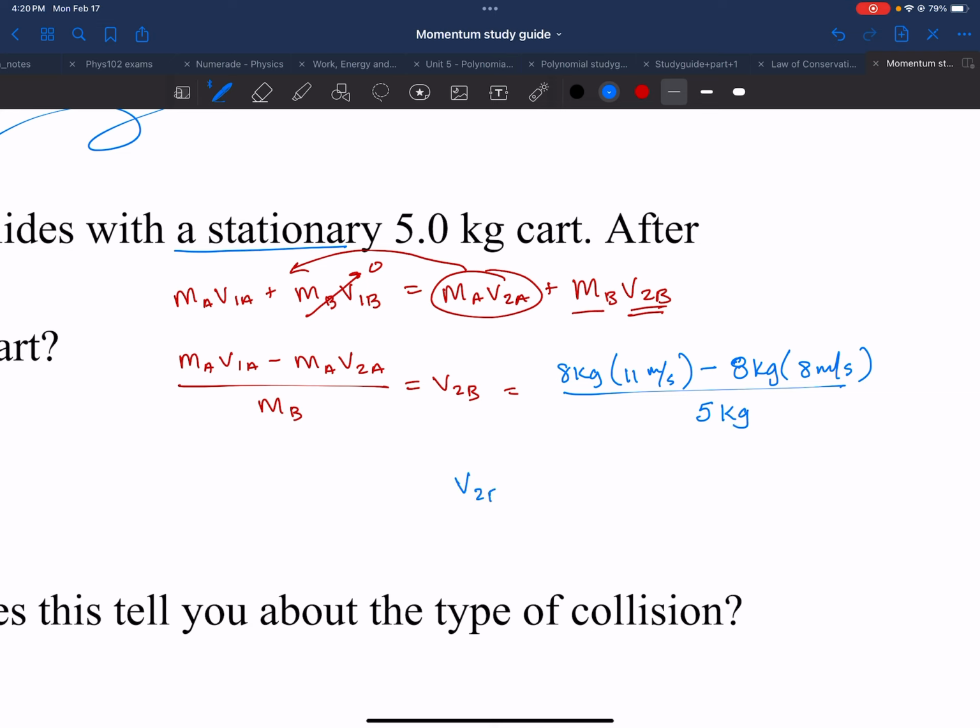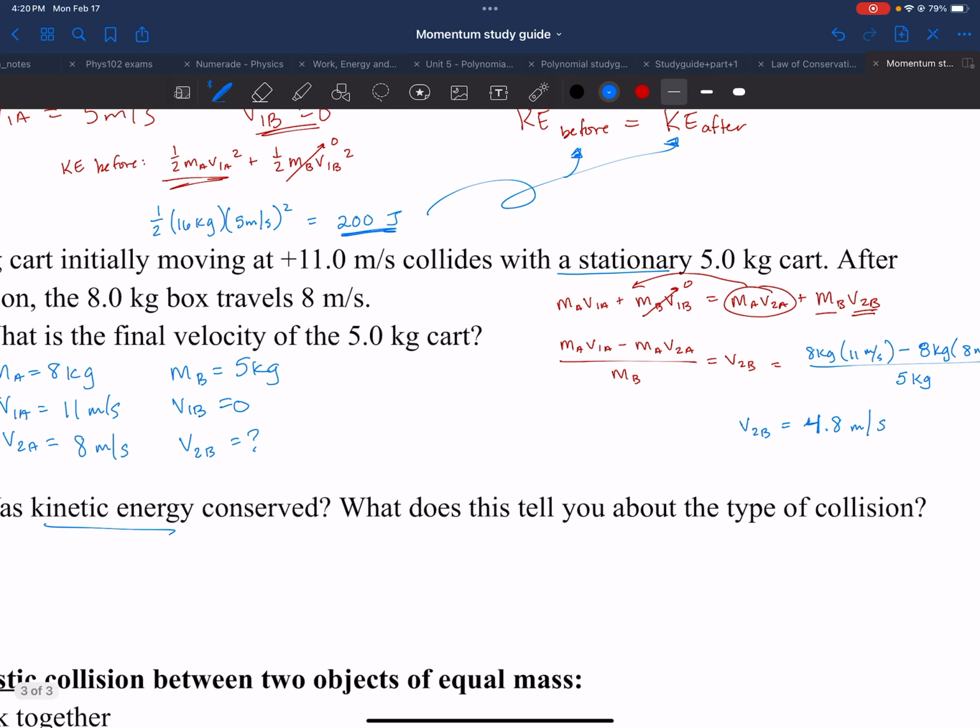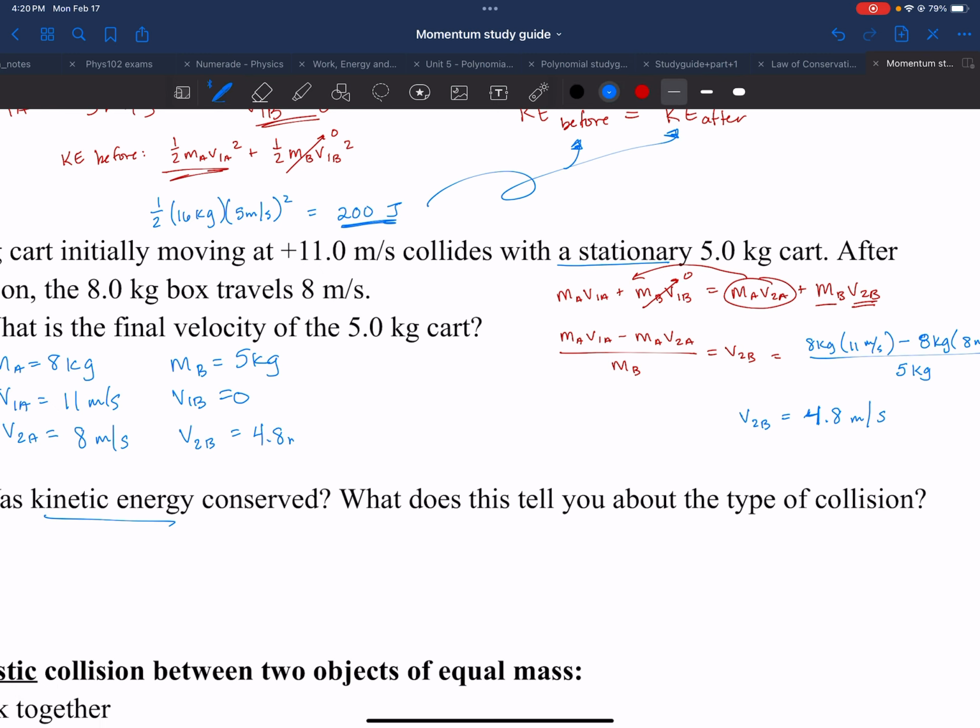So V2B is going to be, let's get this worked out. It is going to be 4.8 meters per second. Okay. All right. So now we have all of our values here. I'm going to erase this little guy and I'm going to put in 4.8 meters per second.